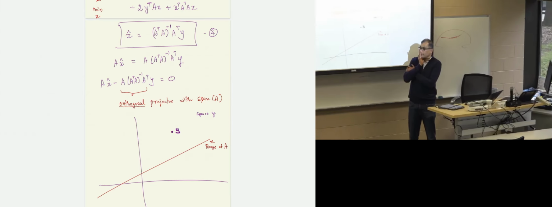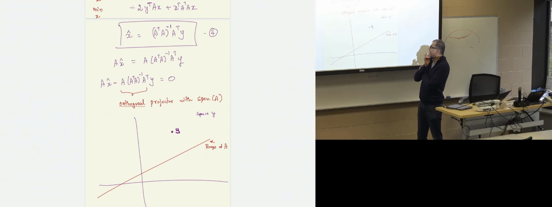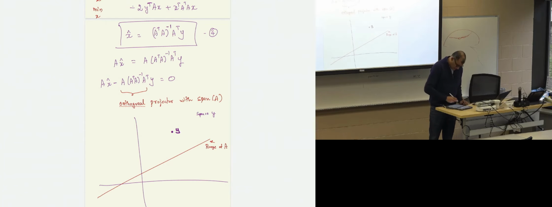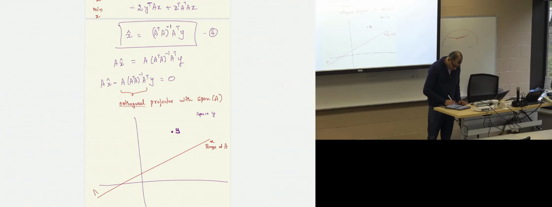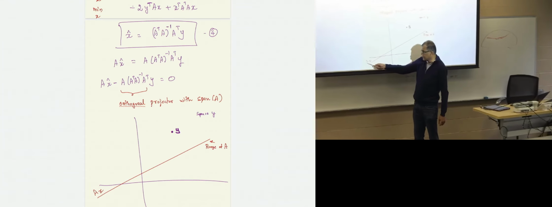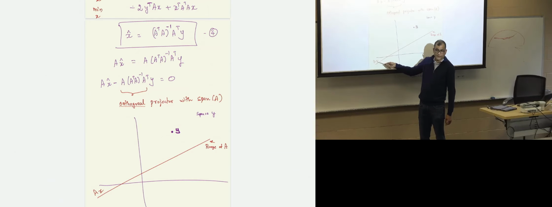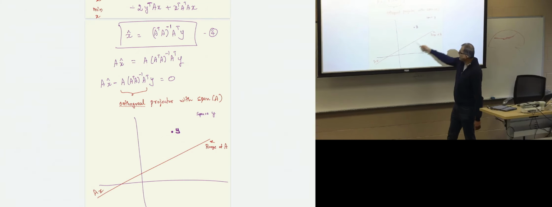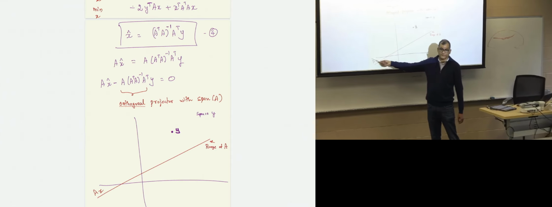It's been a while since you had linear algebra. Yeah, it's all possible vectors that you can get by multiplying any vector x. Exactly. If you take all possible x's in the world and multiply those x's by A, all of them will fall on this line. That's the range of A.